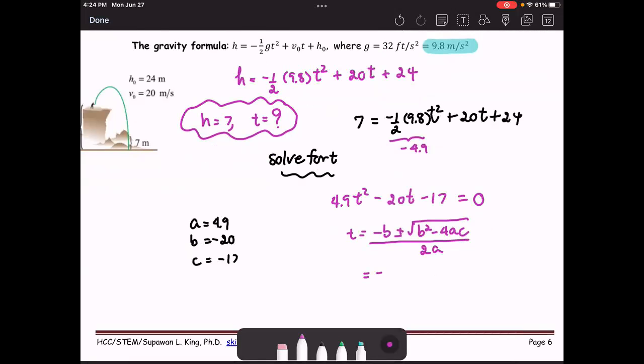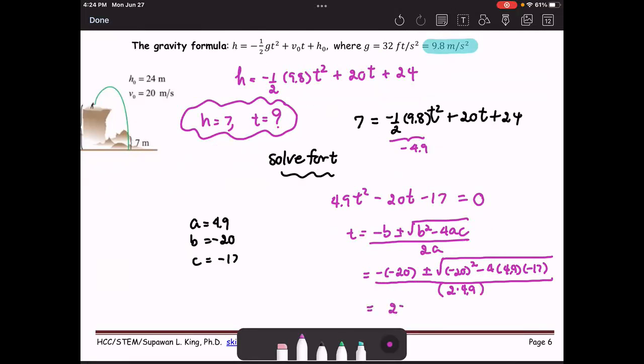Negative b means negative of negative 20, plus or minus the square root of b squared, or negative 20 quantity squared, minus 4 times a, which is 4.9, times c, which is negative 17, all divided by 2 times a, which is 2 times 4.9.